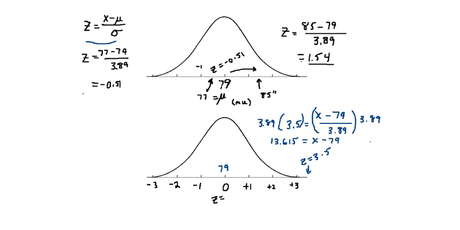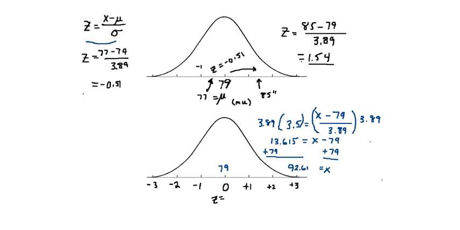Now we're going to solve for x by adding 79 inches to both sides. That gives us x by itself, so we calculate 79 plus this number. If I take this plus 79 inches, that gives me a height of 92.615 inches.